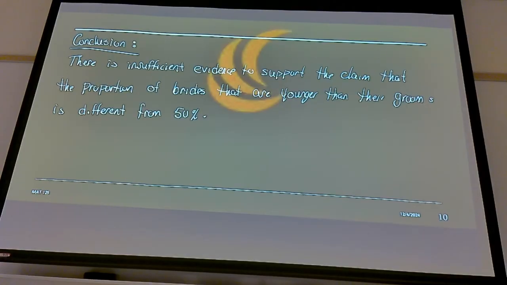If you're testing the null, you would simply say there's insufficient evidence to reject the claim that the proportion of brides that are younger than the grooms is 50%. You're never supporting the null. You either reject or fail to reject. If it's the alternative you're testing, then there's either sufficient evidence to support or insufficient evidence to support.